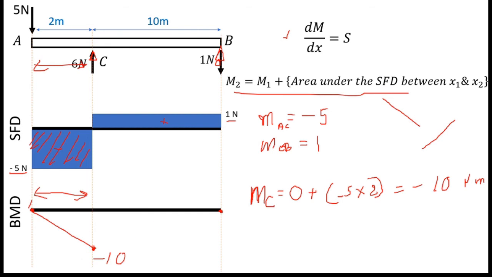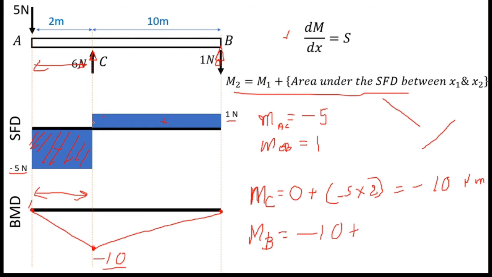Now I know the value, and now I can draw the other part. I know the shape of the bending moment diagram and I know the ending point, so I just have to draw this line. Also you can check this value. I will apply this equation for point B. M_B equals M1. M1 is the previous bending moment value. I am considering this point B. The previous bending moment value is -10 plus the area under the shear force diagram.